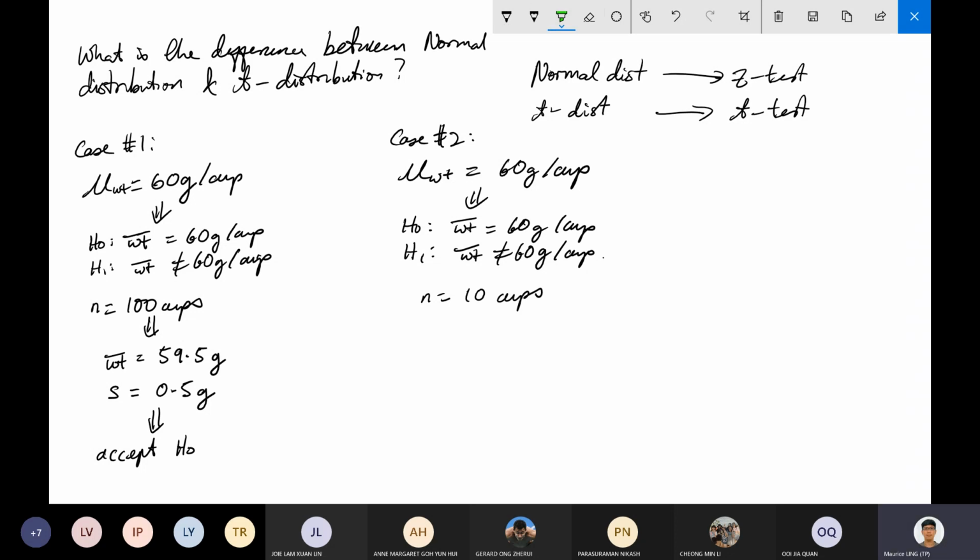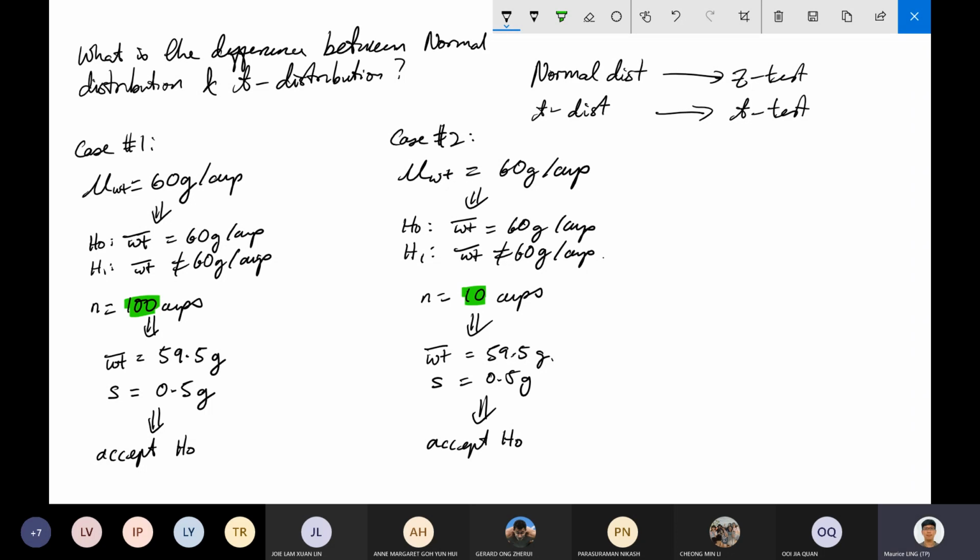So that is the only difference. One is 10 cups, one is 100 cups. Assuming that you still get the average weight 59.5 grams, the standard deviation is still 0.5 grams. So the conclusion is you still accept the null hypothesis at the end.